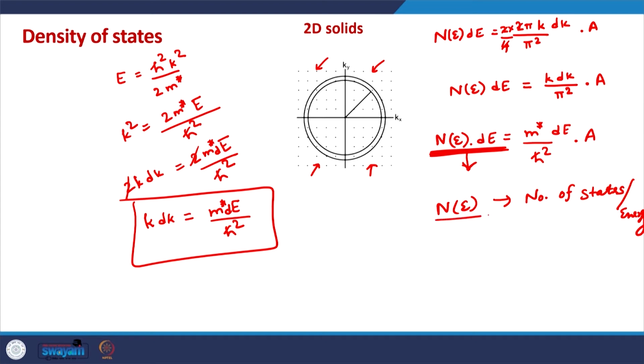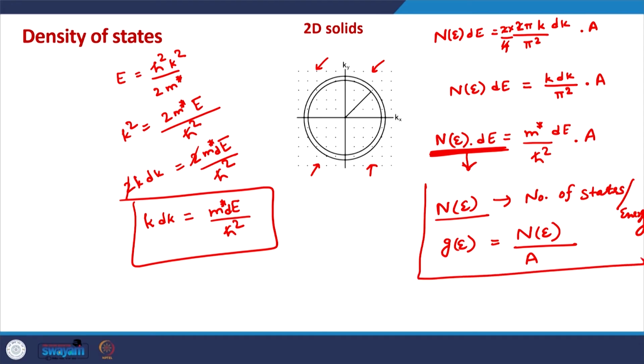So, this number NE would be the number of states per unit energy, and the density of states, as we saw for the 3D case, will be the number of states per unit area per unit energy. So, this will be NE divided by area.